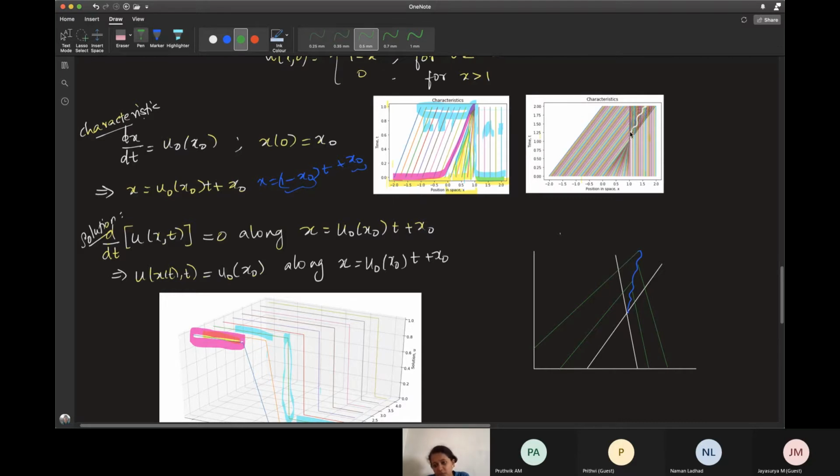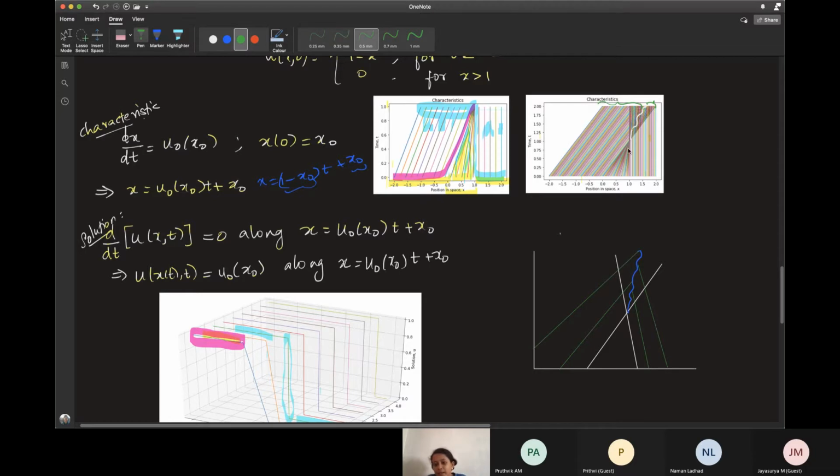So your job is now to identify the slope of this characteristic so that you have continuous solutions on both left and right side of this new characteristic. You basically find a new characteristic through this region. Actually, in the region where you have a problem, you just identify some characteristic and you make the solution piecewise continuous. That is, the solution is now continuous in this region and continuous in this region.